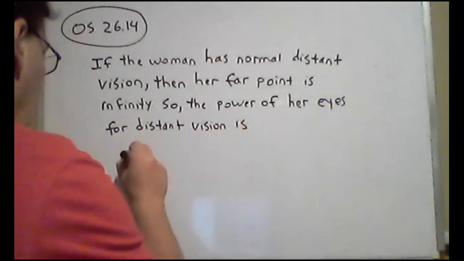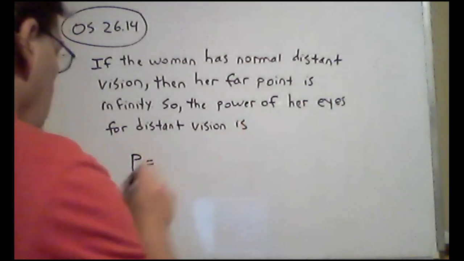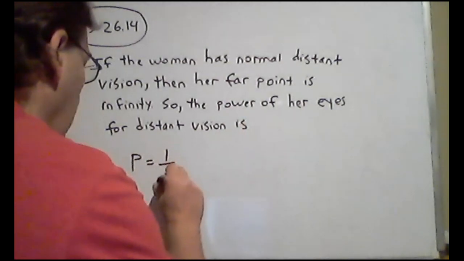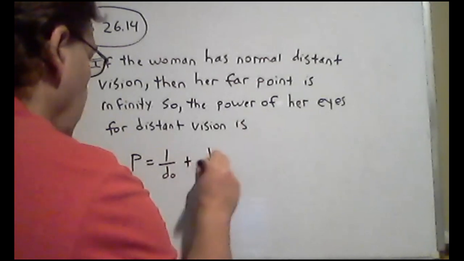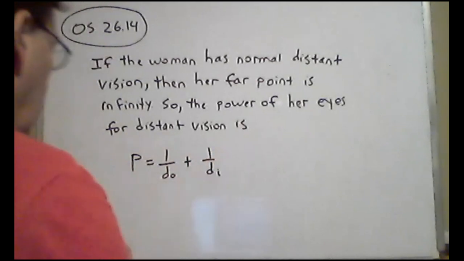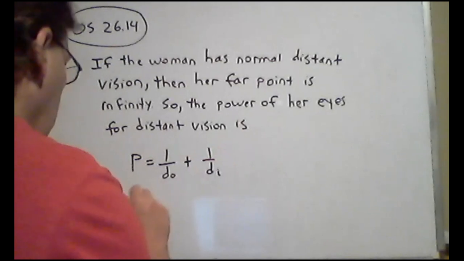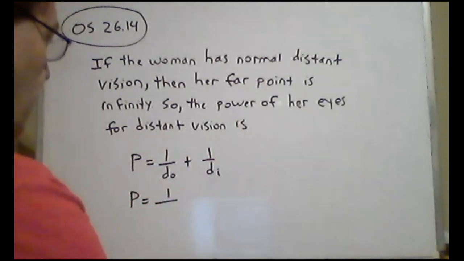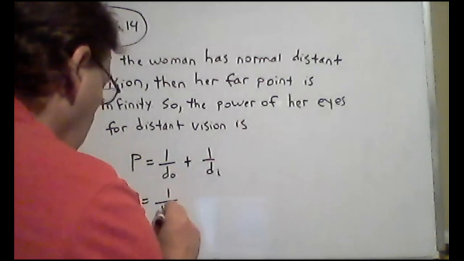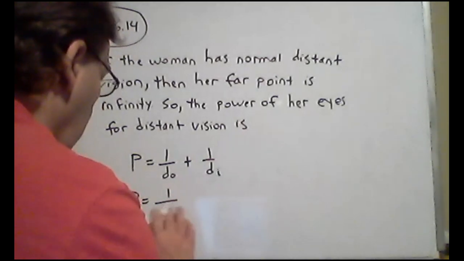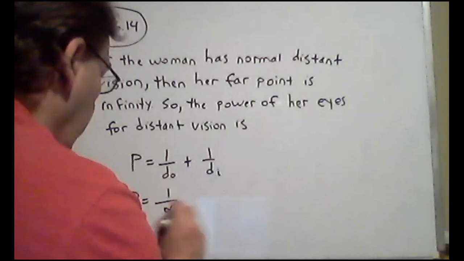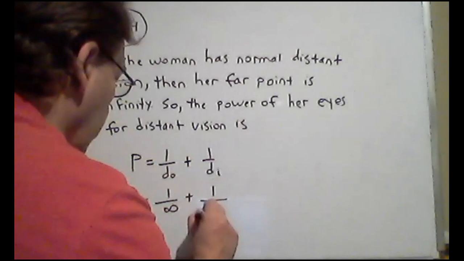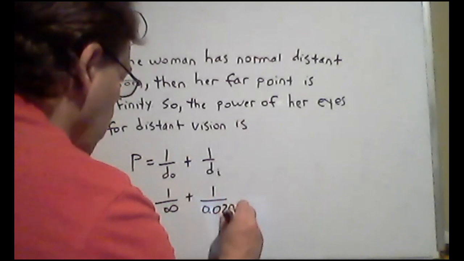is, so again, for distant vision, we use the eye doctor formula, 1 over d sub O plus 1 over d sub I, all right? Well, again, for distant vision, the most distant object that somebody can see with normal vision should be infinity. And then 1 over d sub I, that's the lens to retina distance inside the eye, 0.020 meters.